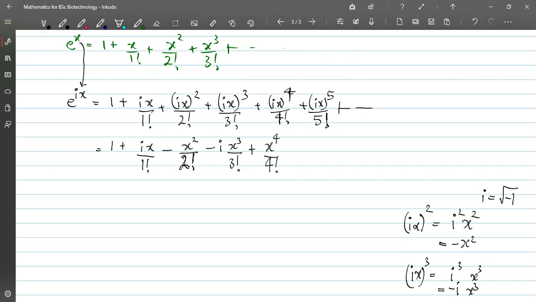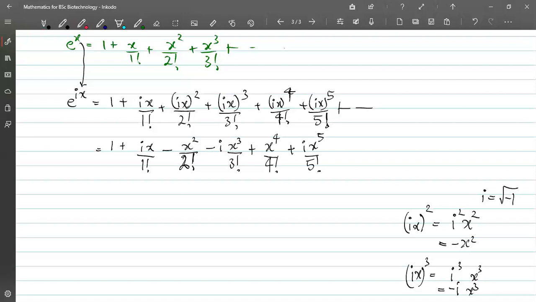And then next, so actually if you look at the pattern, you can see that you don't need to find i to the power of 4, i to the power of 5, etc. You can just take the previous term. What is the difference between this term and this term in the numerator? You just have to multiply one more ix, right? So if you take this and multiply one more ix, what do you get? Plus i x to the 5 upon 5 factorial.